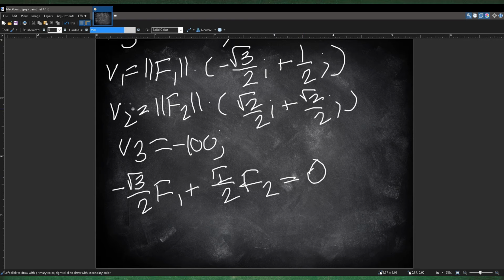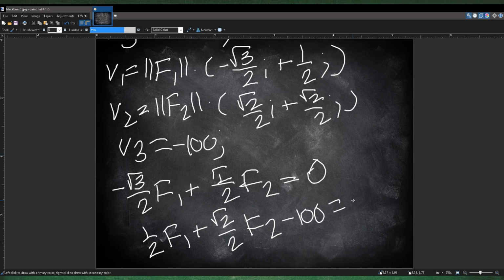Now for the j's, you have 1/2 force 1 plus square root 2 over 2 force 2 minus 100, because that's the last j, is equal to 0. And you basically do a system of equations.